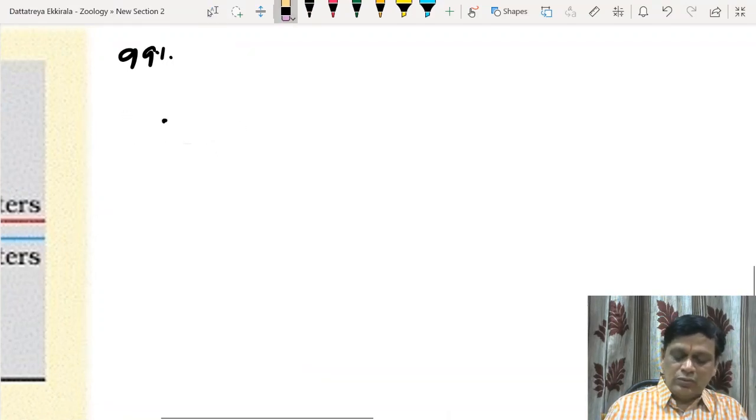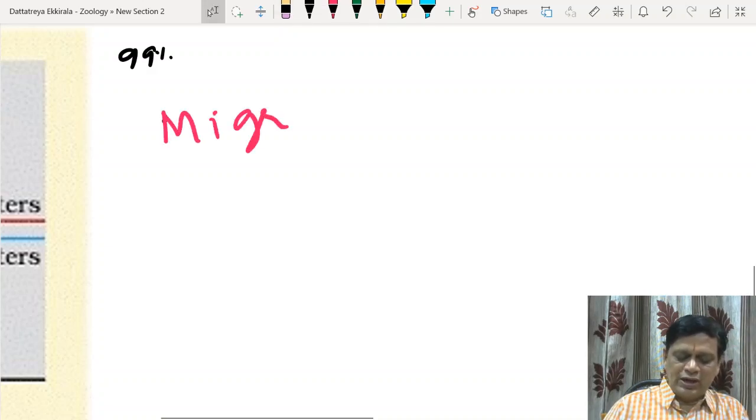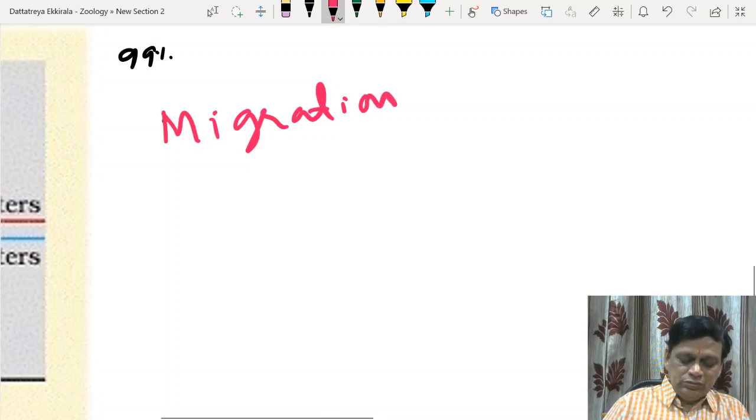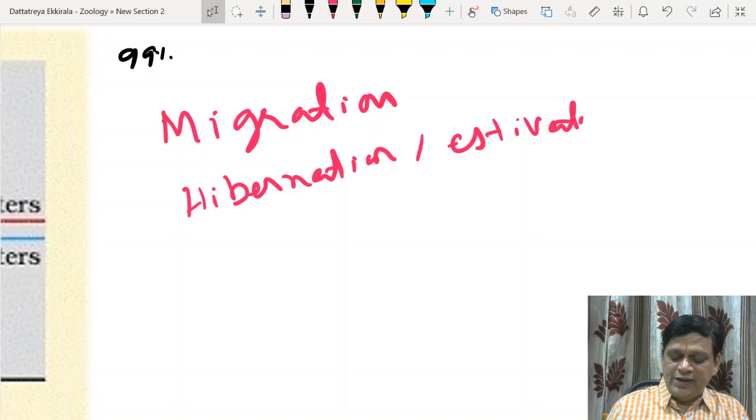So migration is one adaptation. Second thing is hibernation or estivation. What are these two things? Summer sleep, a phase of inactivation. So you can call these two as escape in time. This is escape in space.